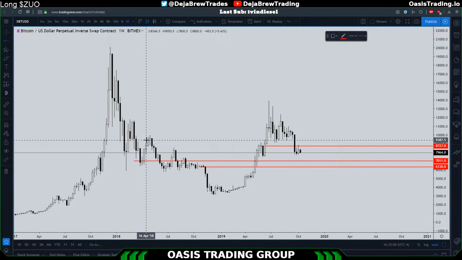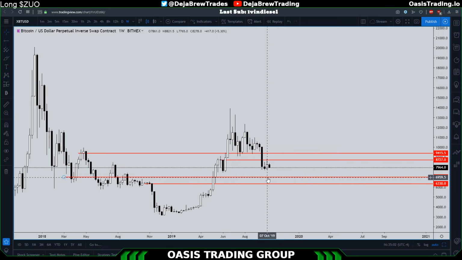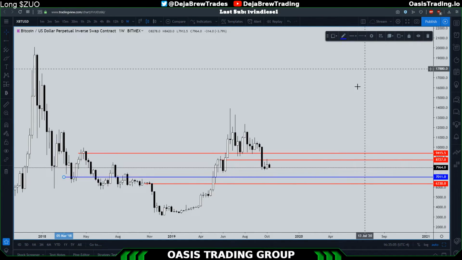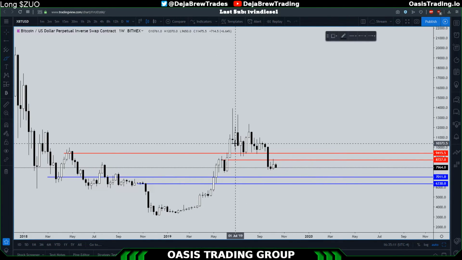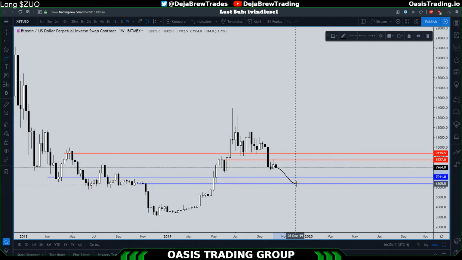You could also take this doji here. So, okay, you have your resistance, you have your support. So let's look at our support. So as long as this next sell-off kind of stays above this level here, I would say we're still in a bull market, if that next high can break above this like 9,000 range.